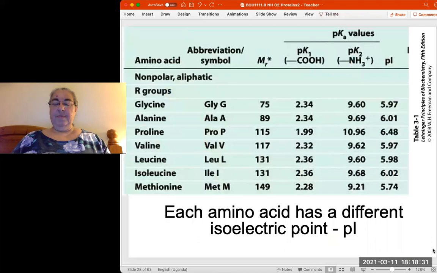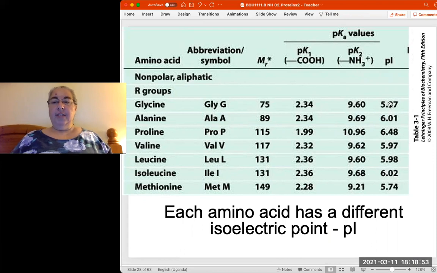This slide isn't behaving now. That's better. Okay, so back to the table in Lehninger again, and looking at the next column. So here are our two pK values, pK1 and pK2, and the third column is pI, the isoelectric point.